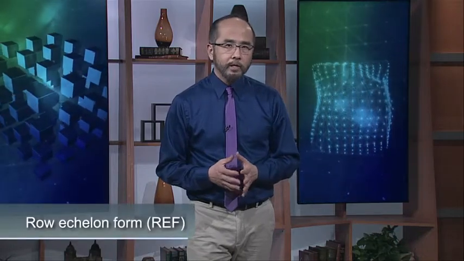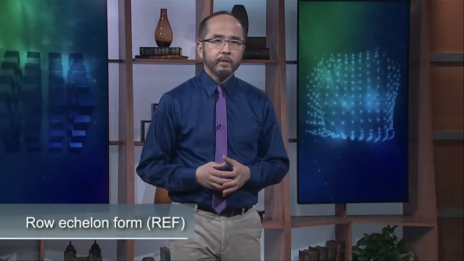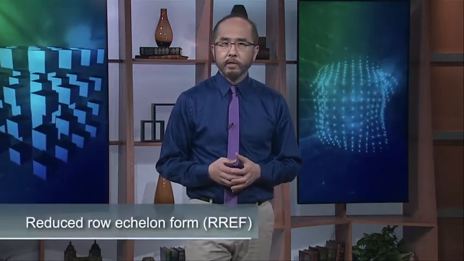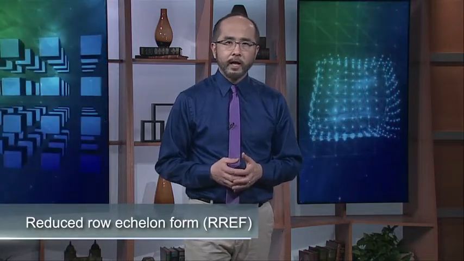So instead of an identity matrix, what we'll aim for first is something called row echelon form, which we'll sometimes abbreviate REF. Then we'll move to something called reduced row echelon form, which we'll abbreviate as RREF.